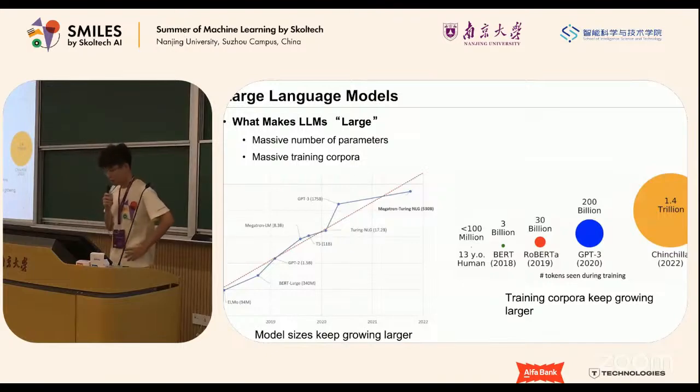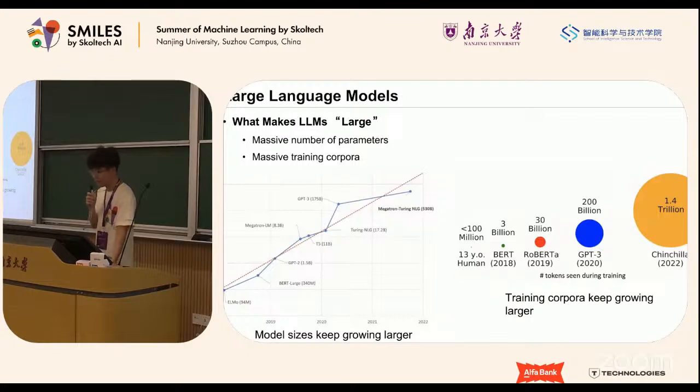What makes these models large? It is primarily two things: a massive number of parameters and a massive training corpus, as shown on the last graph. The model size grows rapidly from ELMo and BERT at 40 million parameters to GPT-3, and existing models such as Kimi-3 are trained on 30 trillion tokens.